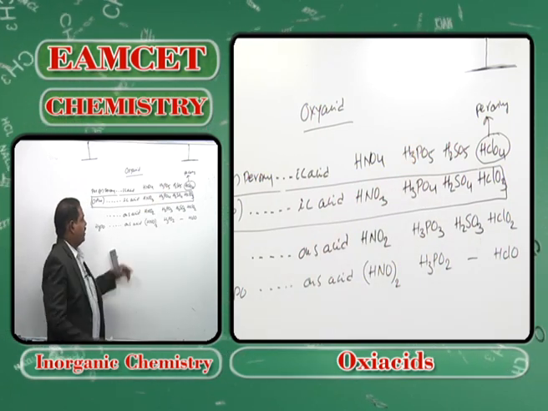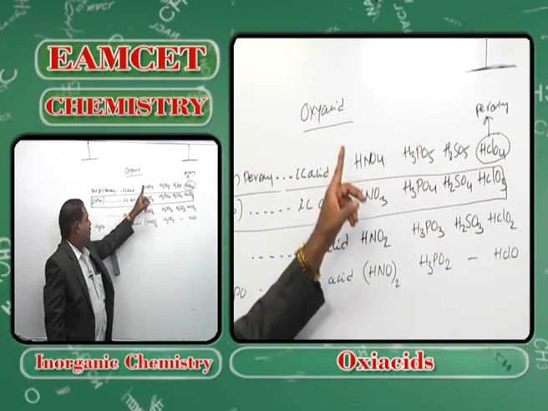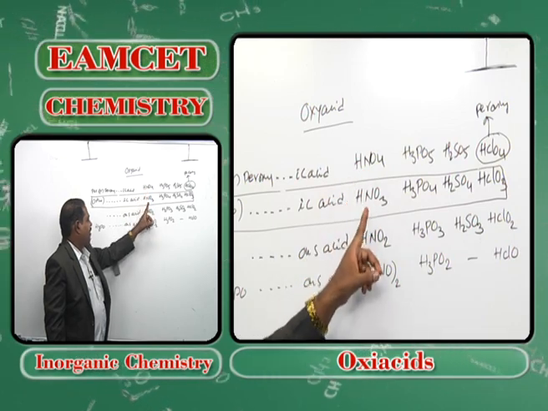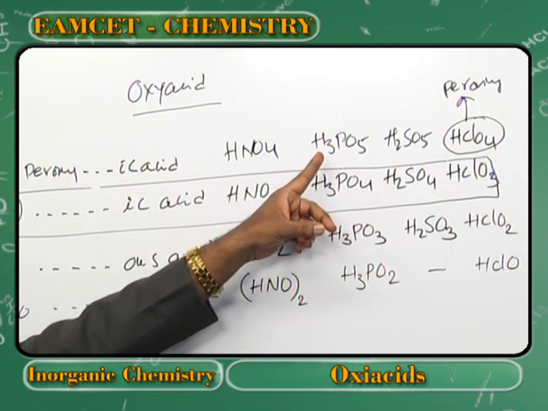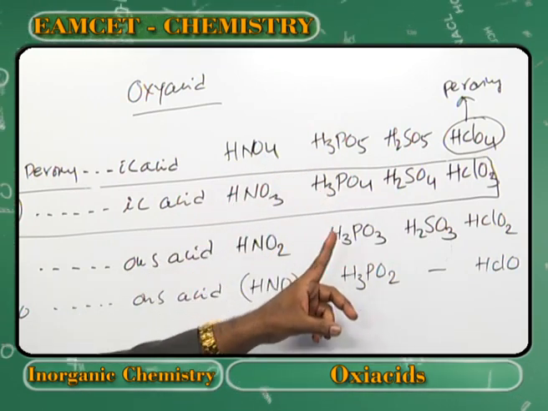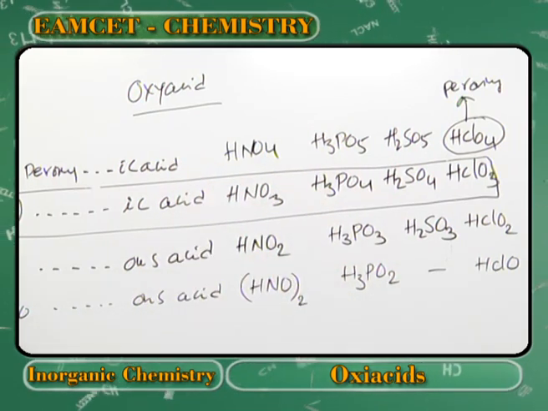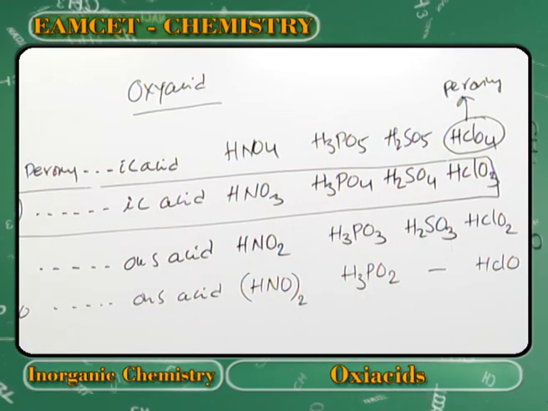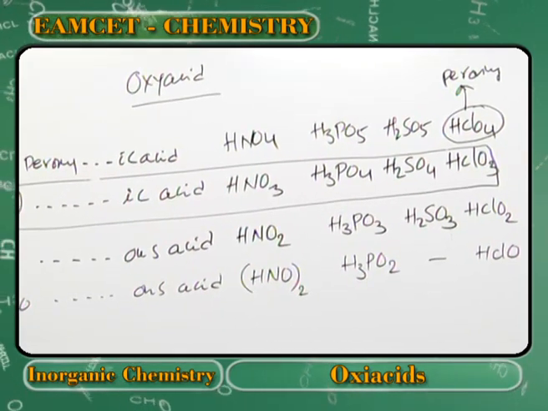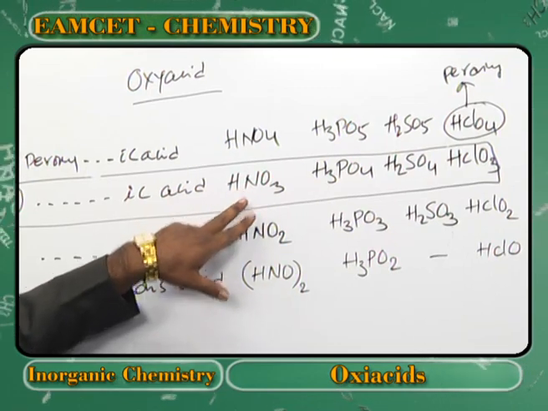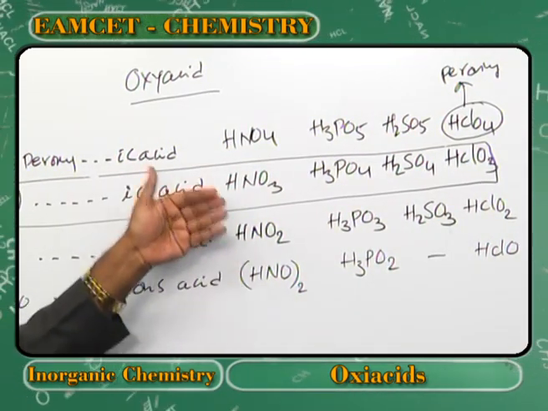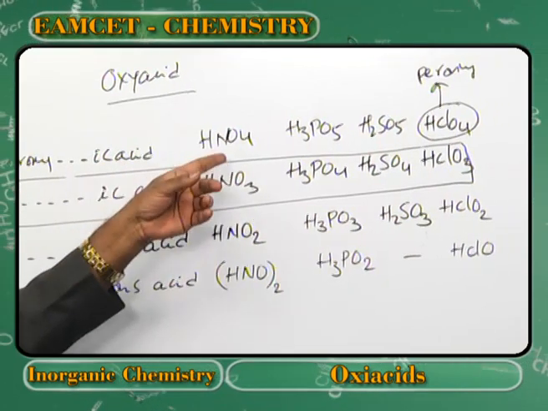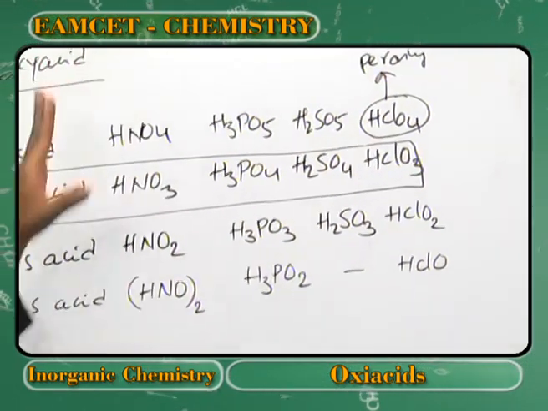So let me give all 4 names together: pernitric, nitric, nitrous, hyponitrous; perphosphoric, phosphoric, phosphorus, hypophosphorus. So now you nearly have 15 acids and their names, and the gradation, it is 3, 2, 1. You are decrementing one oxygen, removing one oxygen after the other. In this particular case, you give one more oxygen.